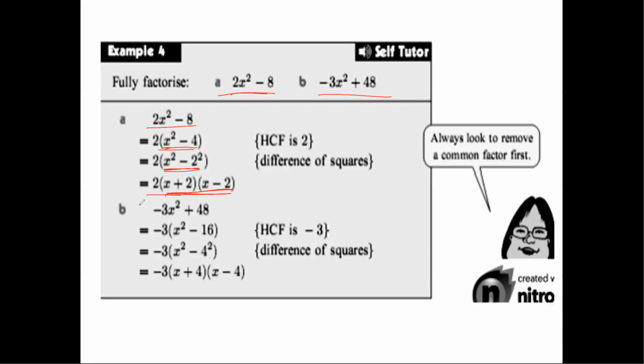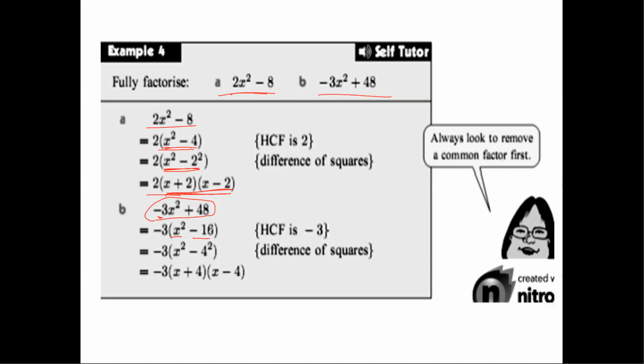Look at the second one. Again, it doesn't look like this has anything to do with a difference of squares, right? However, if we factorize out minus 3, inside here we'll get what? Minus 3x squared divided by minus 3 will give us x squared. Positive 48 divided by minus 3 will give us minus 16. Now it starts to look like a difference of squares indeed.